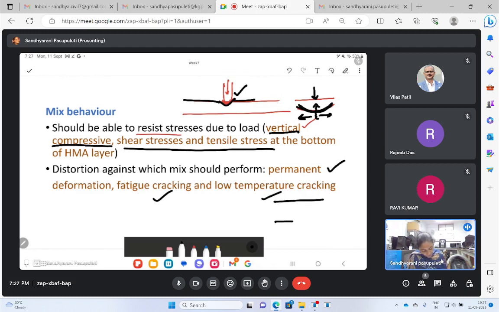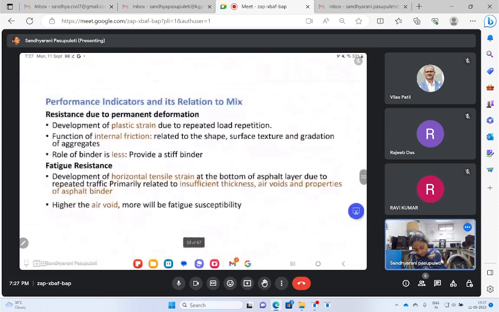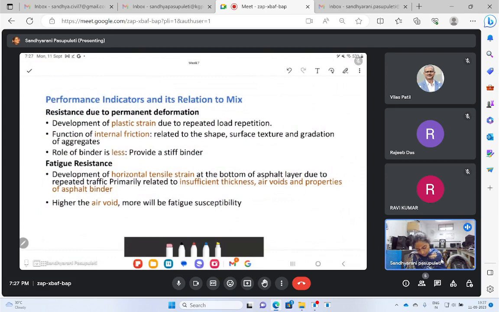So if you take the pavement, this fatigue cracking will be along the pavement. But at some places you will see some cracks in the transverse direction. These are due to the lower temperatures, which is nothing but low temperature cracking. If I talk about the resistance to permanent deformation, when you have repeated load repetitions, not a single load application, there will be a plastic strain.